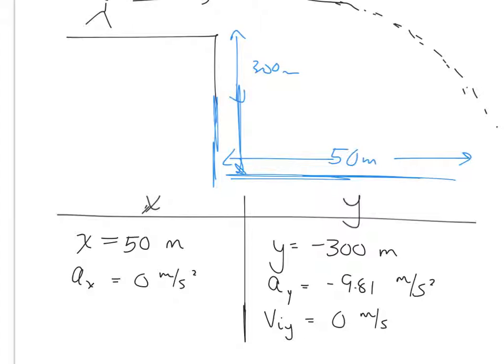Let's say I'm running on one side of the bridge, 2 meters per second, 3, 4, 5. And when I hit 5 meters per second, I run off the bridge. That's my VIX, 5 meters per second. I don't have to worry about acceleration. I don't care if he accelerated prior to that. What matters is from when he gets launched off the bridge. He's got some initial velocity. That's what we're trying to figure out in this problem.